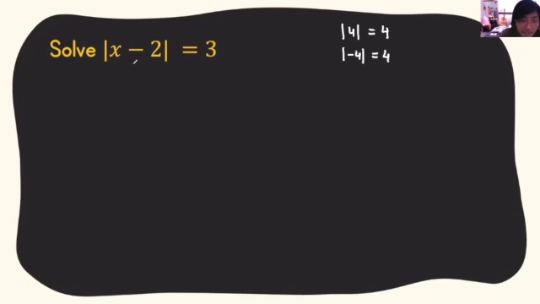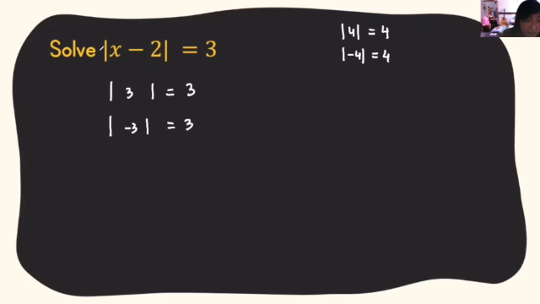So if I know that what's inside makes positive 3, there are two possibilities. The inside here can be 3, or it can also be negative 3, because negative 3 inside the absolute value symbol is also positive 3.